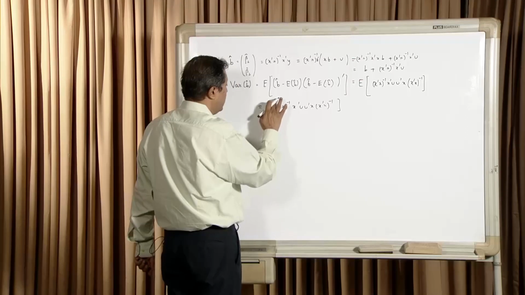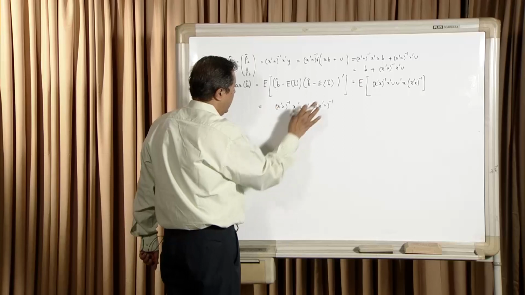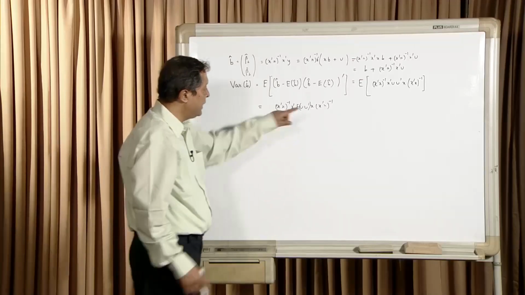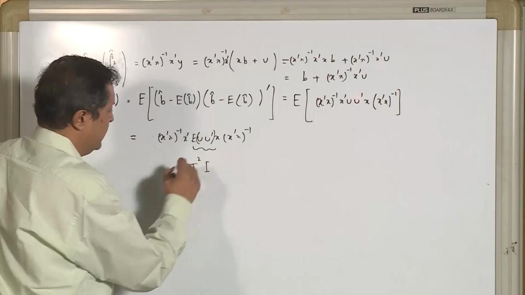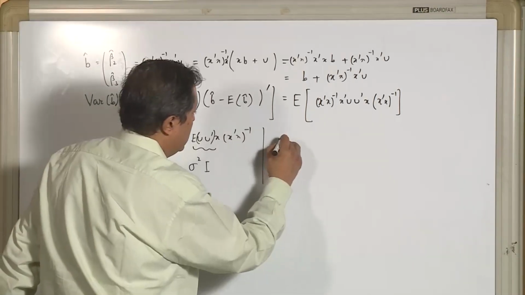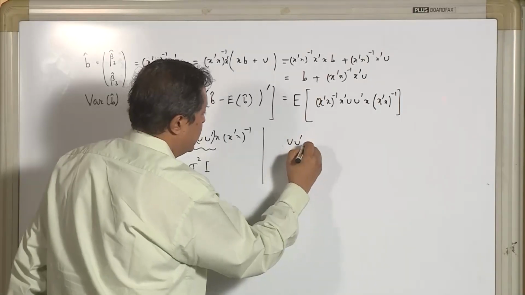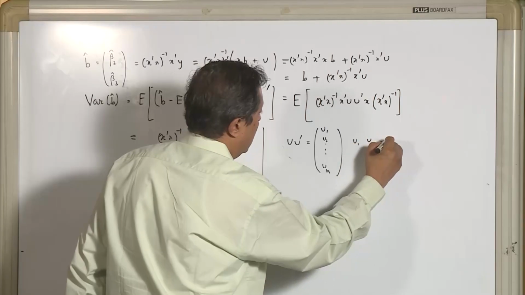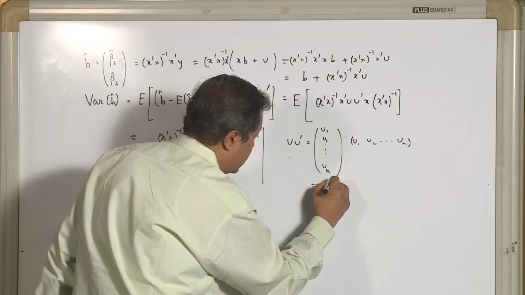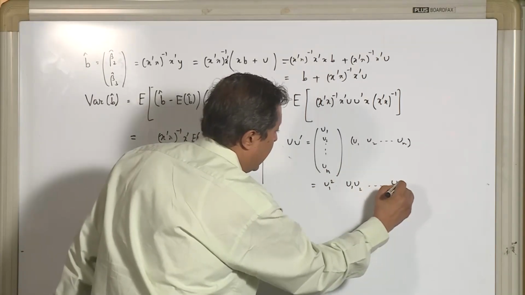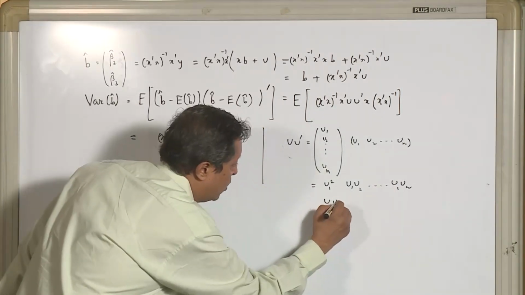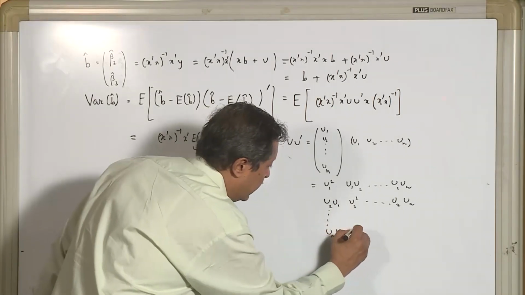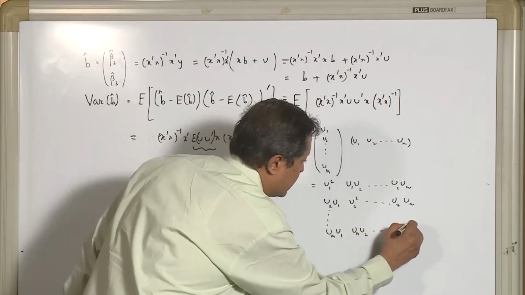So, for all practical purposes, we take the expectation operator inside and apply it just in front of the stochastic variables, keeping x prime as it is, and that we know is sigma square I. The reason is that u u prime is the product of the vector u1, u2 through un and its transpose, which is the matrix with u1 square, u1 u2, through u1 un; similarly u2 u1, u2 square, through u2 un; and it goes up to un u1, un u2, finally un square.